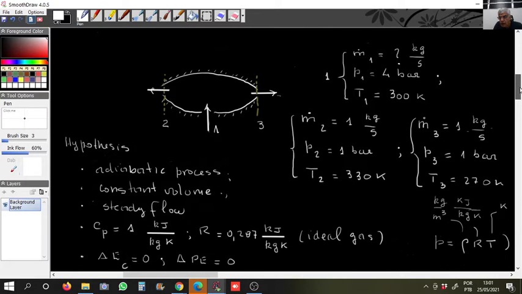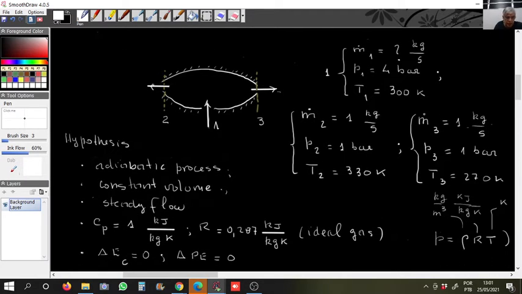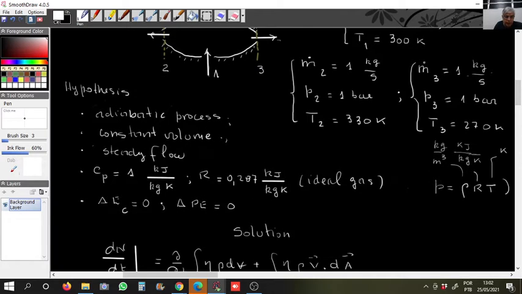Here I will set some hypotheses. Adiabatic process: there is no heat exchange between the system and the surroundings. Constant volume. Steady flow: nothing changes with time.